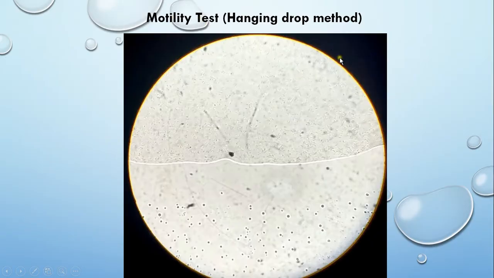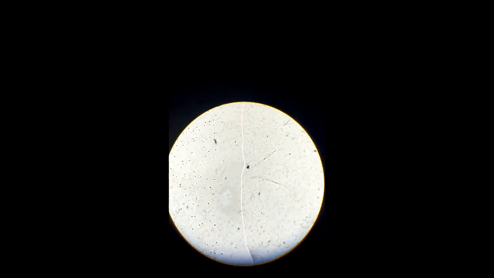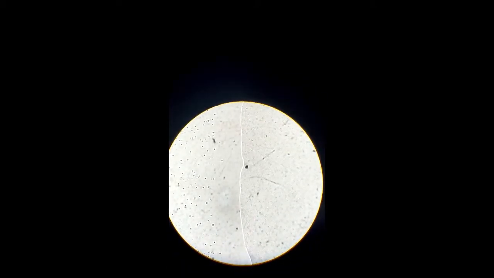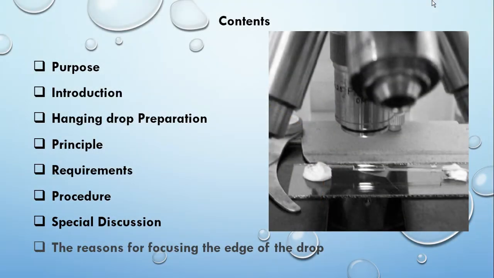Motility Test. Today I am going to talk about the hanging drop method. Contents of the video: purpose of the motility test, introduction, hanging drop preparation, principle of the test, requirements, procedure, and special discussion.